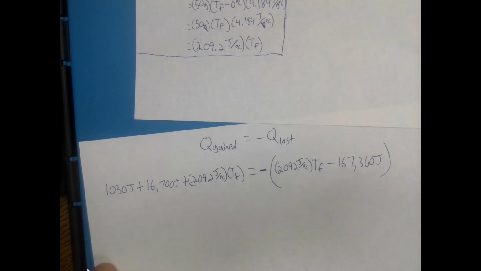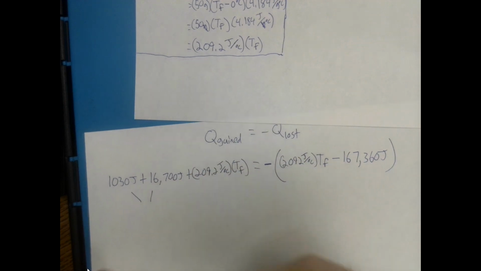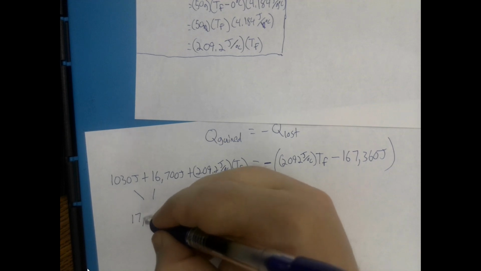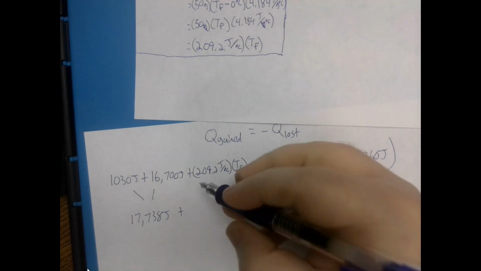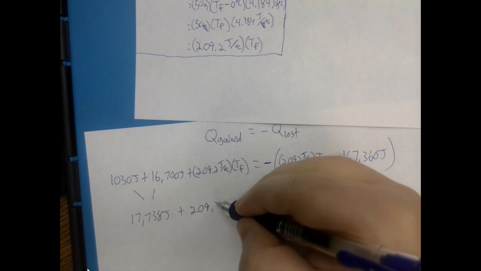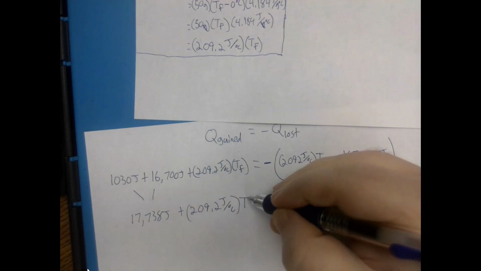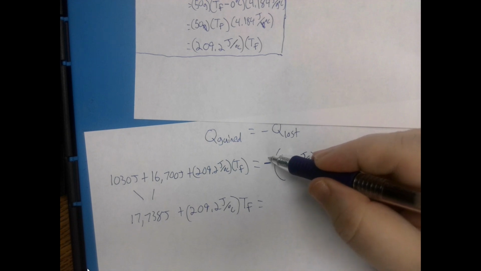So let's simplify. We can add these two together. That is 17,738 joules plus 209.2 joules per Celsius times TF. We can distribute this minus, like negative 1.